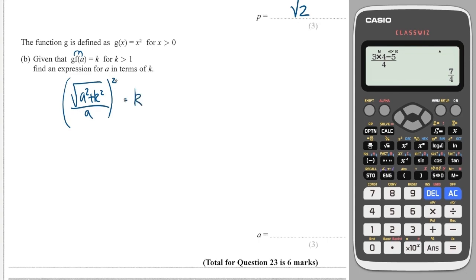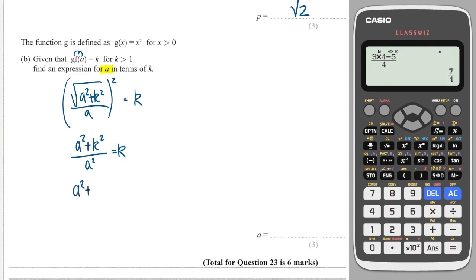Okay, right, when I square a fraction, I can square the numerator separately and the denominator separately. So squaring the numerator is going to remove that square root sign, and squaring the denominator is going to give me a squared. Now I want an expression for a, so I'm going to have to collect all the a's on one side and then factorise.